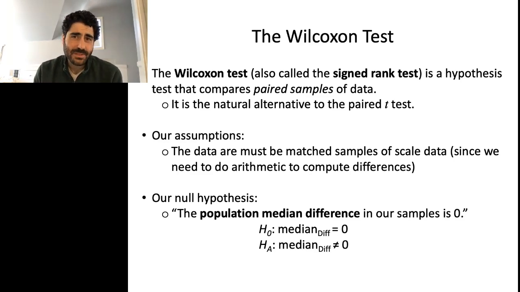So remember, this is pretty similar to the paired t-test, but the hypothesis here is different, right? For the paired t-test, the null hypothesis is that the mean change within a person is 0. Here, the null hypothesis is that the median change within a person is 0. Right. And sometimes those will be kind of similar, but they could be very different.